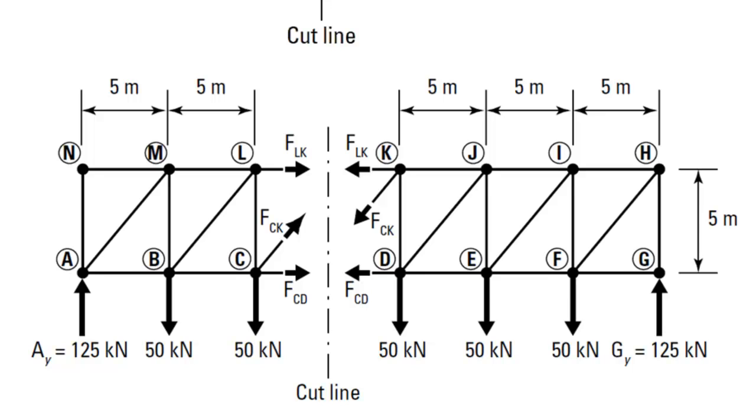We can see that you can look at either the right segment of the truss or the left. If we look at the left, we have a force LK and we assume it's in tension, a force CK and we again assume it's in tension, and force CD, and we always assume tension just to keep our sign convention consistent.